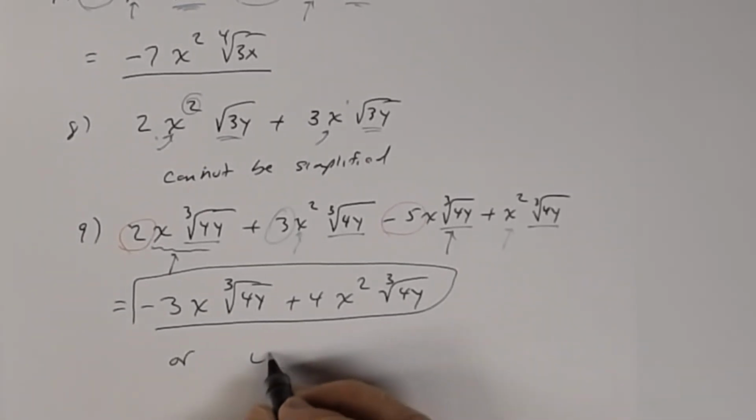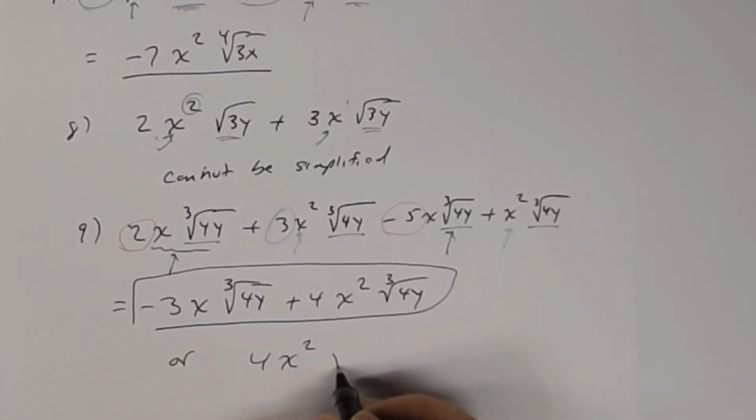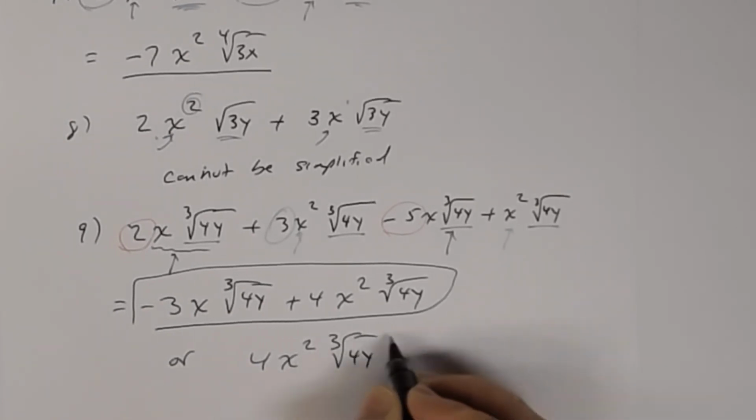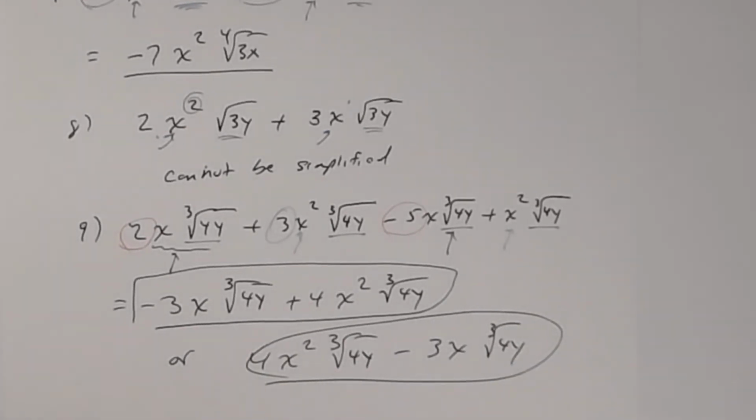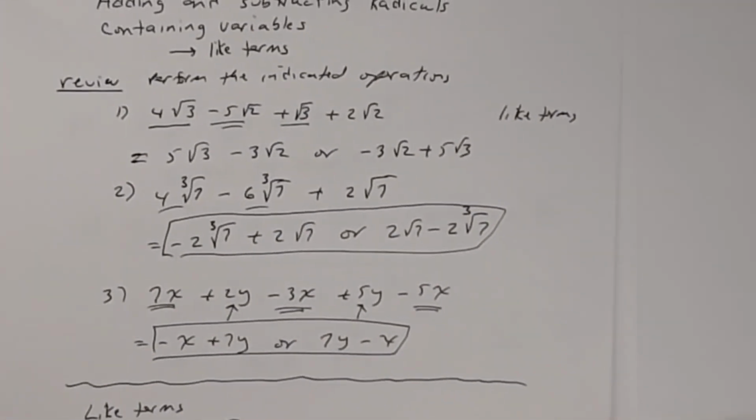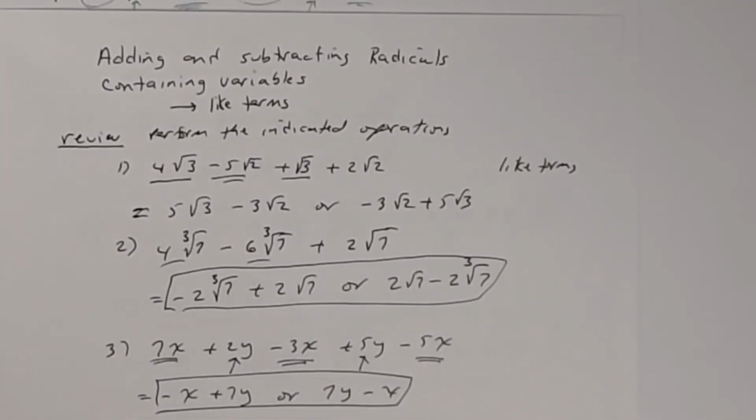You would say 4x squared cube root of 4y minus 3x cube root of 4y. Okay, either one is fine. Okay, all right. So that should take care of this part where we were adding and subtracting radicals containing variables, and those were dealing with like terms. All right.